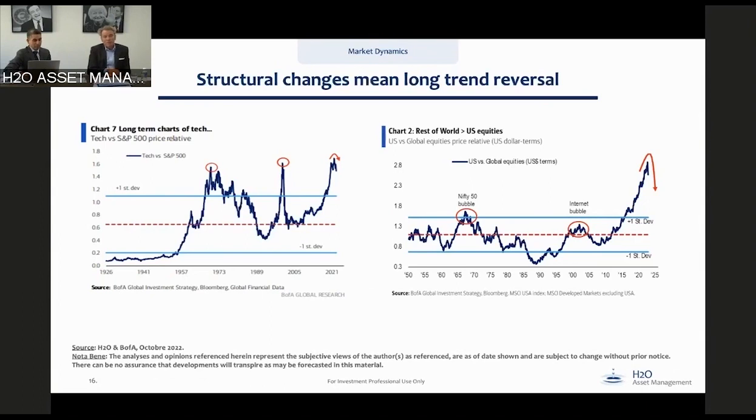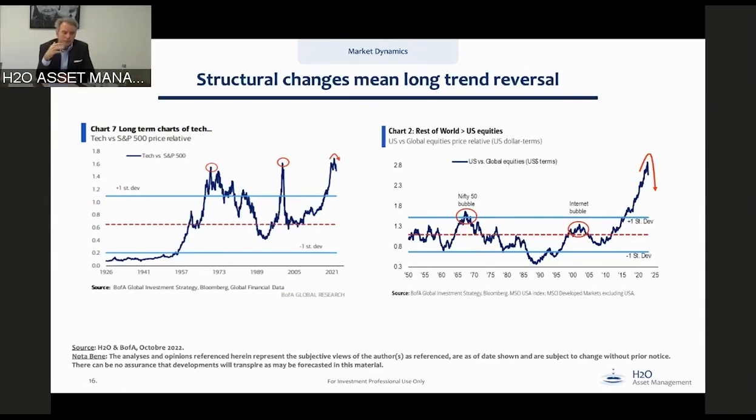But the first one is, as we have said for many quarters and a couple of years, the fact that we prefer industrials and value equities to tech. And on the left side of the chart, there is the long-term performance of tech versus the S&P 500.